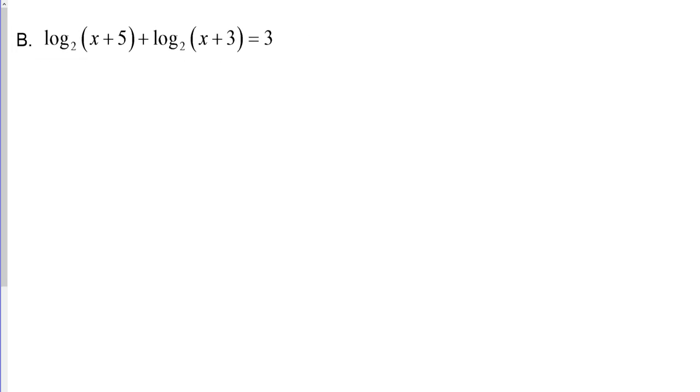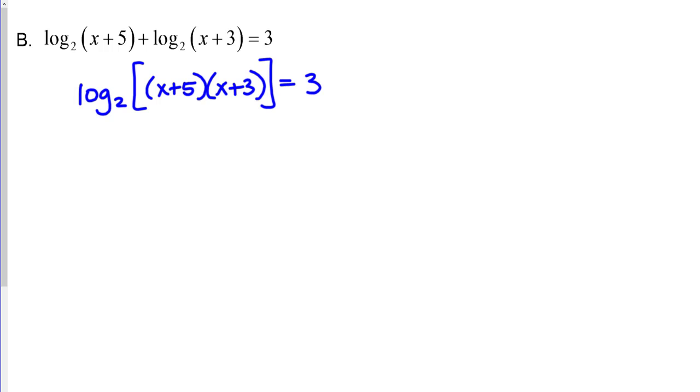Right, here's another example. Log base 2 of x plus 5 plus log base 2 of x plus 3 equals 3. Okay, so I'm going to first combine those logarithms into a single logarithm. So I'm going to make this log base 2 of (x plus 5) times (x plus 3) equals 3.